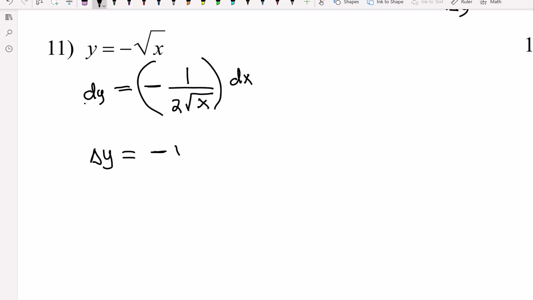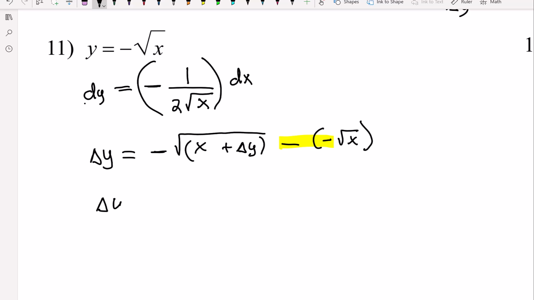So it's a negative sign, radical sign, and under the radical is x, so now we put x plus delta x, subtract the original square root of x. And the only thing you can do here is subtract a negative becomes adding a positive. So negative square root of (x plus delta x) plus square root of x. And that's it for that one.